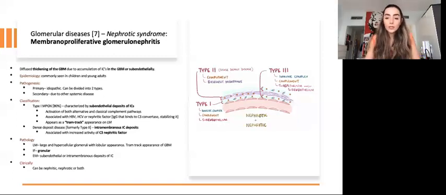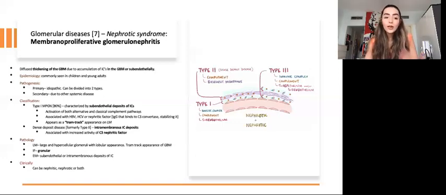In light microscopy, the glomeruli are large and hypercellular due to the proliferation of the mesangial cells and increased extracellular matrix. They get a lobular appearance due to the high extracellular matrix. And in type 1, you get a tram track appearance, which is caused by the glomerular basement membrane splitting by the mesangial growth.